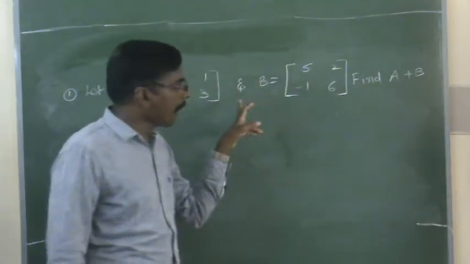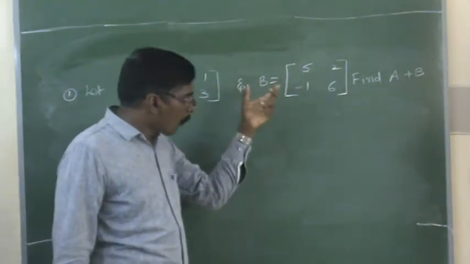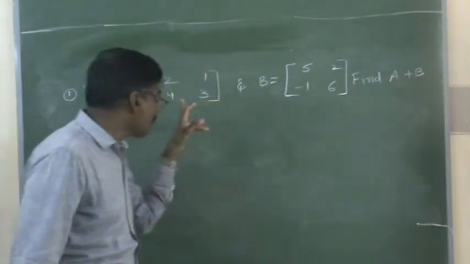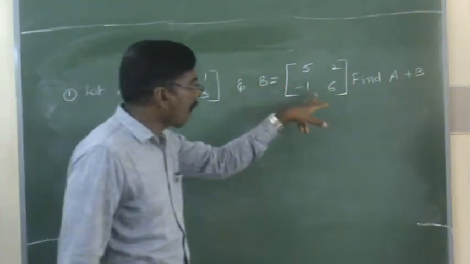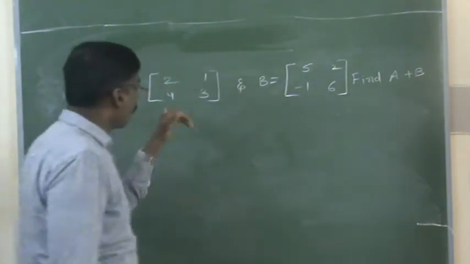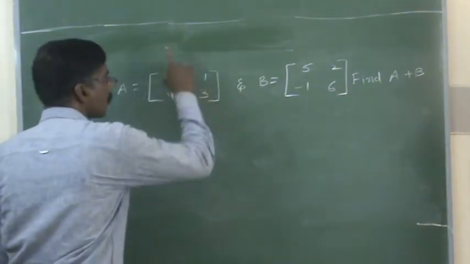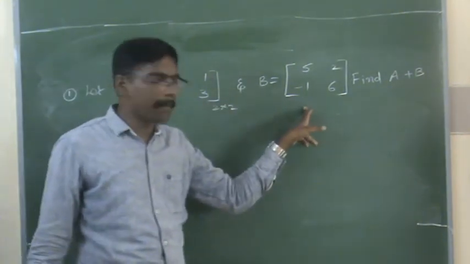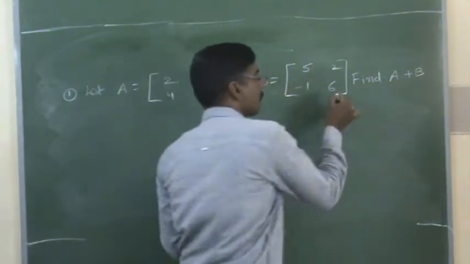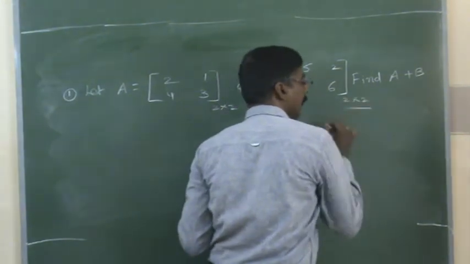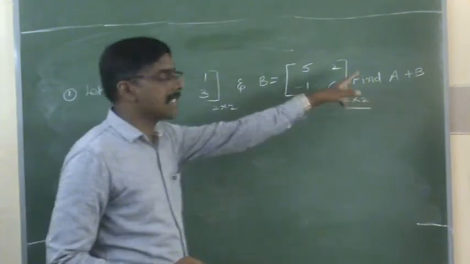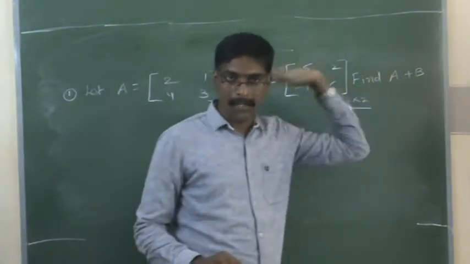While reading this question itself, first we need to understand what is the order of matrix A and what is the order of matrix B. Order of matrix A: 2 rows, 2 columns, 2 by 2. Order of matrix B: 2 rows, 2 columns, 2 by 2. Then immediately we have to decide that addition of two matrices is possible.